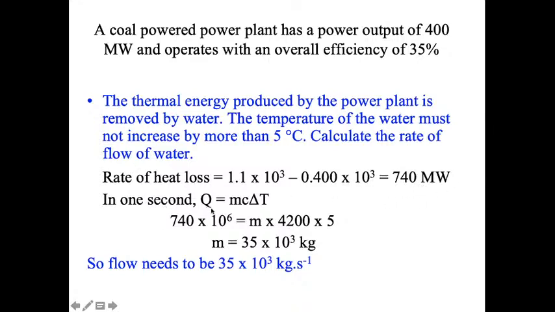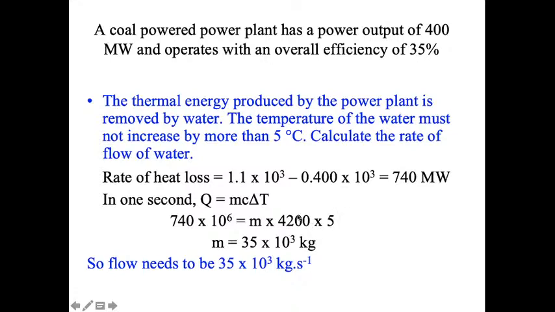So in 1 second, we get 740 million joules, because that's a megajoule. That is equal to the mass times the specific heat capacity times the temperature change.